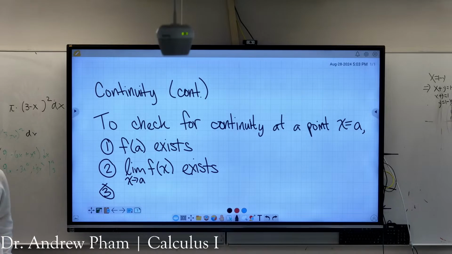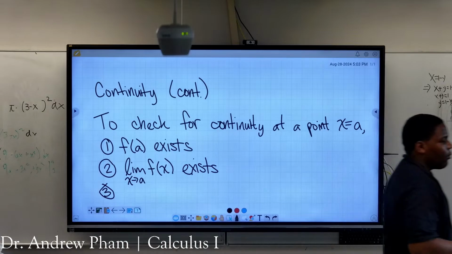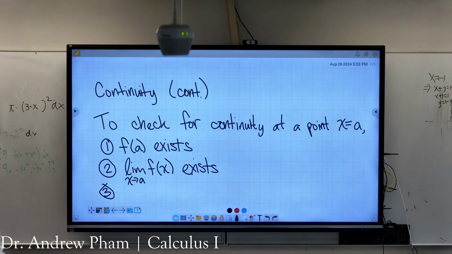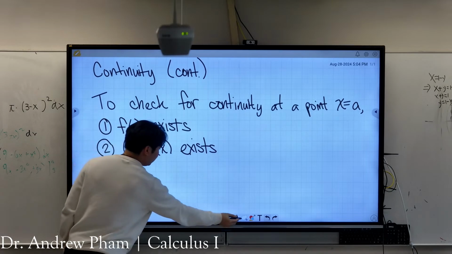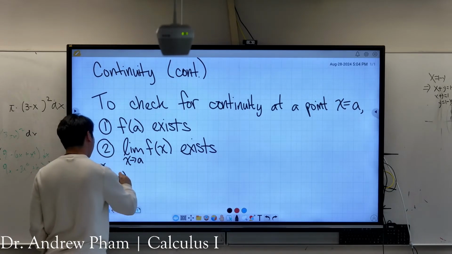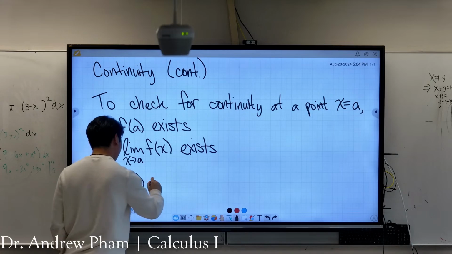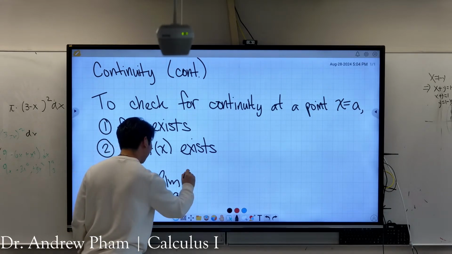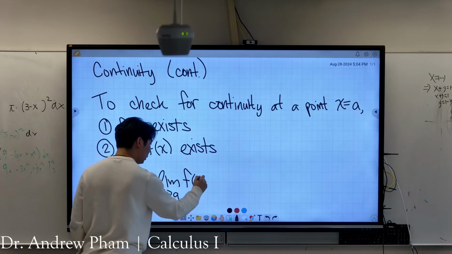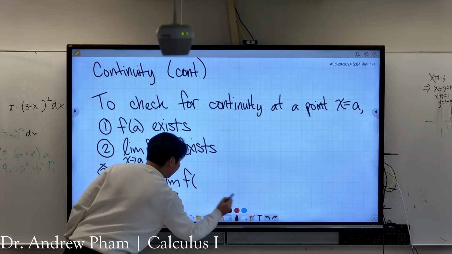Yeah. So in other words, my third condition was that my function at the point is equal to my limit. That is, f of a is equal to the limit as x approaches a of my function. Oops, not c, x.